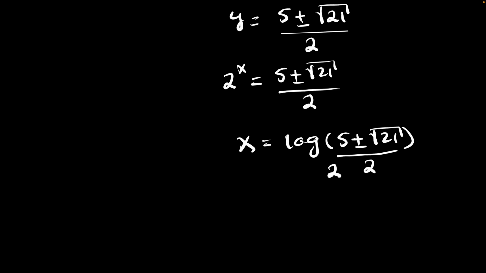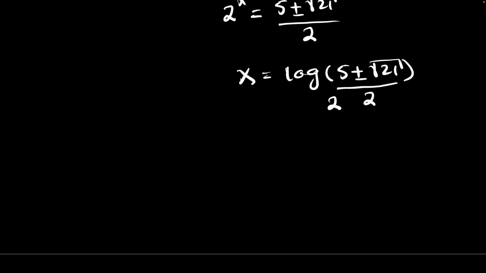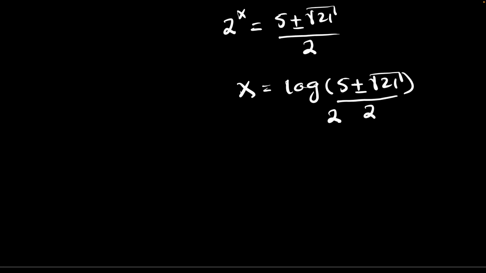So this log has 2 roots. First root x1 is the positive one, and the next one is the negative one.